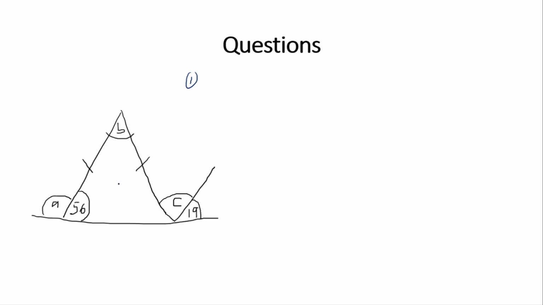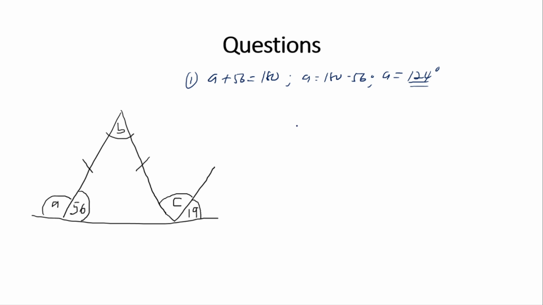We know from the properties of angles on a straight line that they sum up to 180 degrees. So A plus 56 equals 180. This implies that A equals 180 minus 56, and A equals 124 degrees. So that is the value of A.